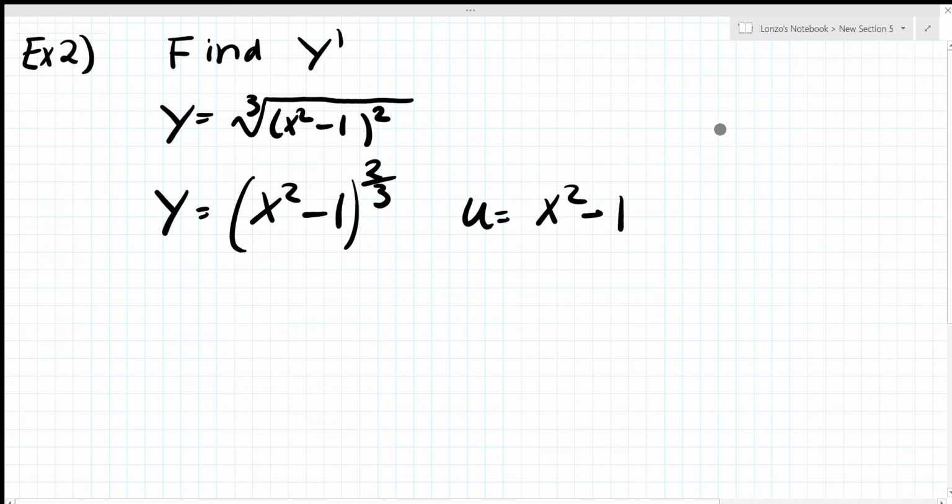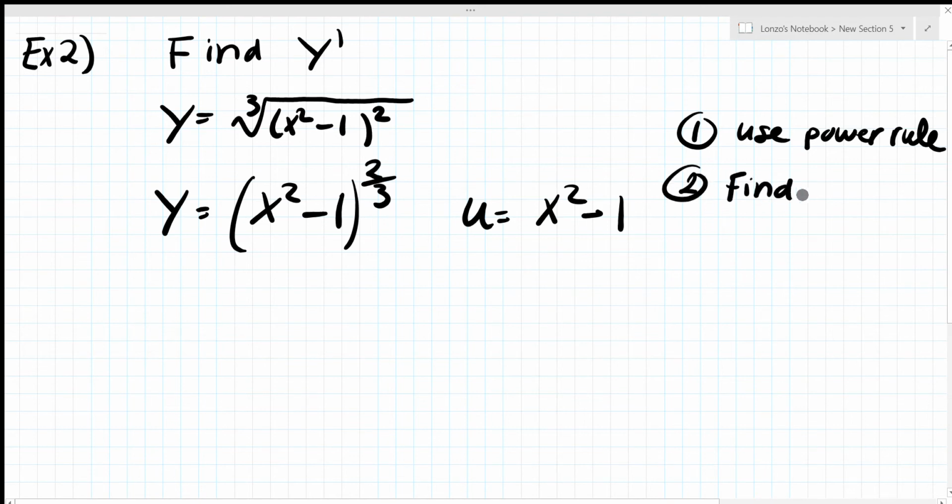So yeah, let me write what I'm going to do. So first I got to use power rule, and then I got to find u prime. So remember, first I got to use the power rule. So it's 2/3 times 1.